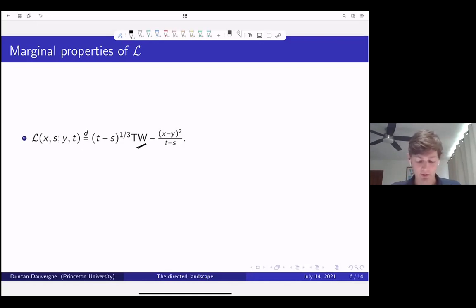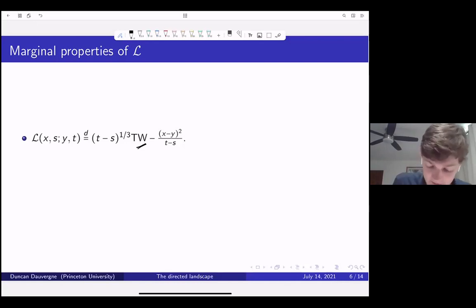The 1-point distribution, up to some constant shift, is just a rescaled Tracy-Widom GUE random variable. And this particular fact goes back to Baik, Deift, and Johansson in the 90s. So that's one feature here.